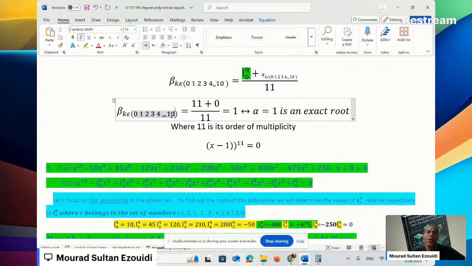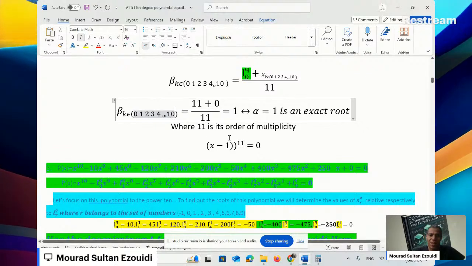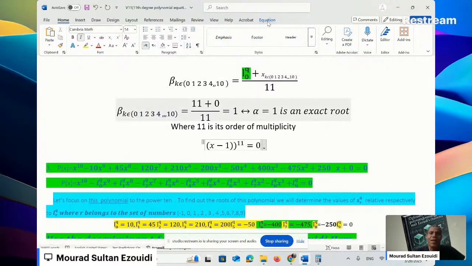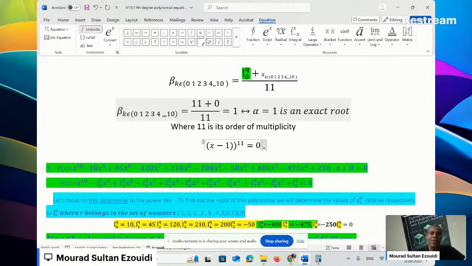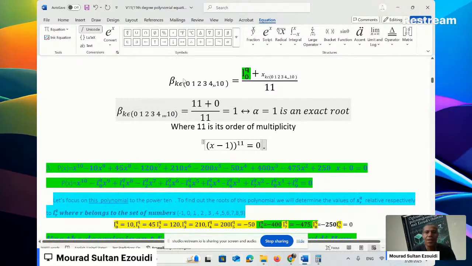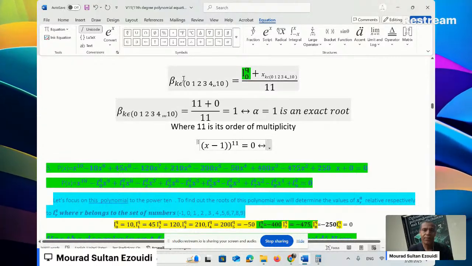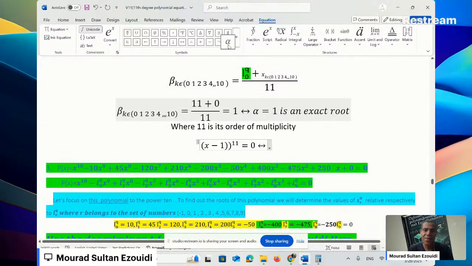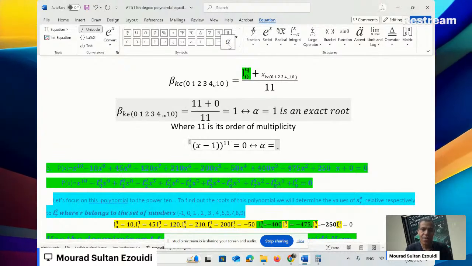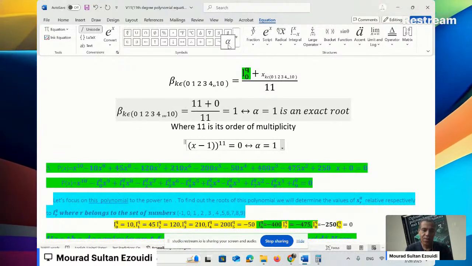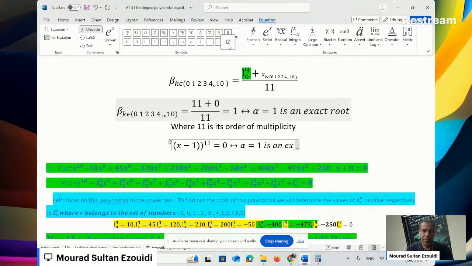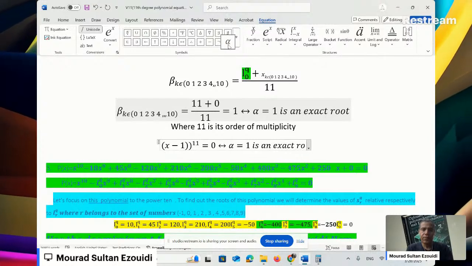So in my case, x equal 1 is an exact root.